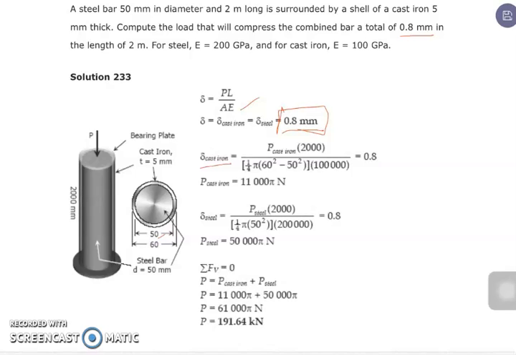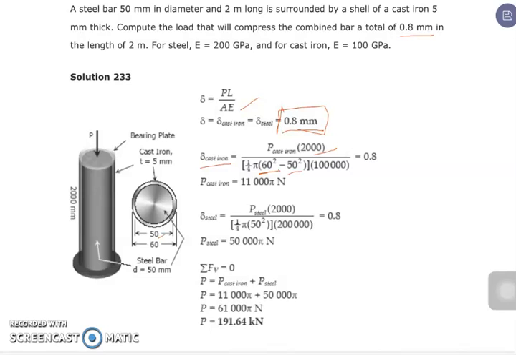So we have here our unknown P, which is the force on the cast iron, multiplied by L, which is 2000, over the area, which is pi d squared all over 4. Since we have an inside and outside diameter, we have 60 squared, the outside diameter, minus the inside diameter squared.